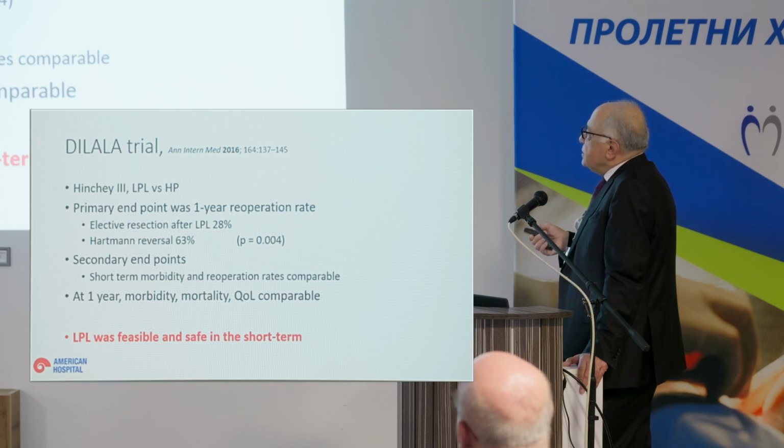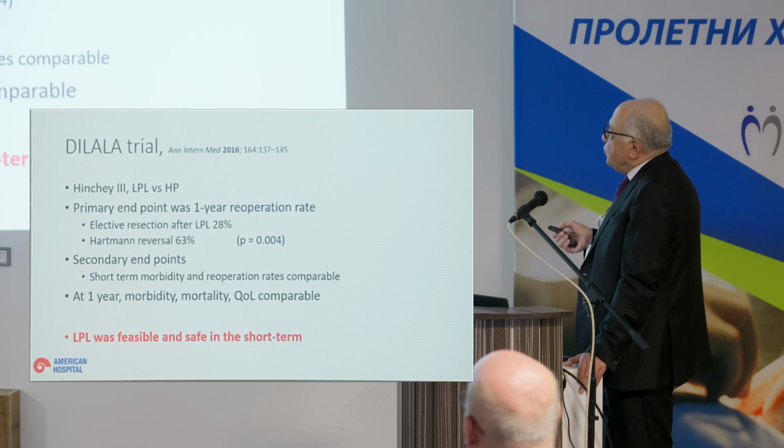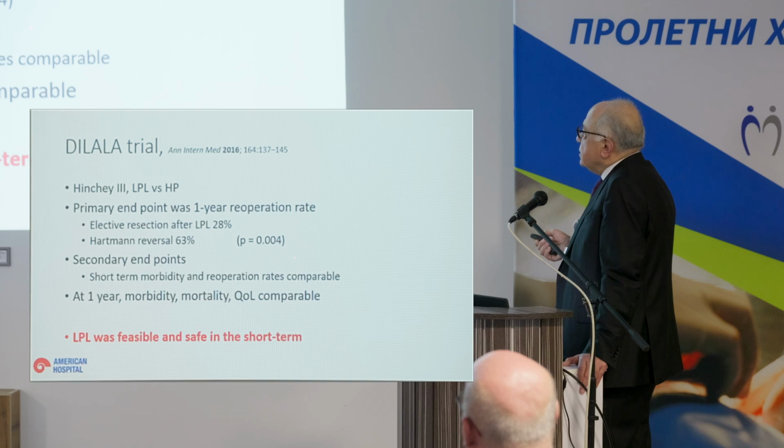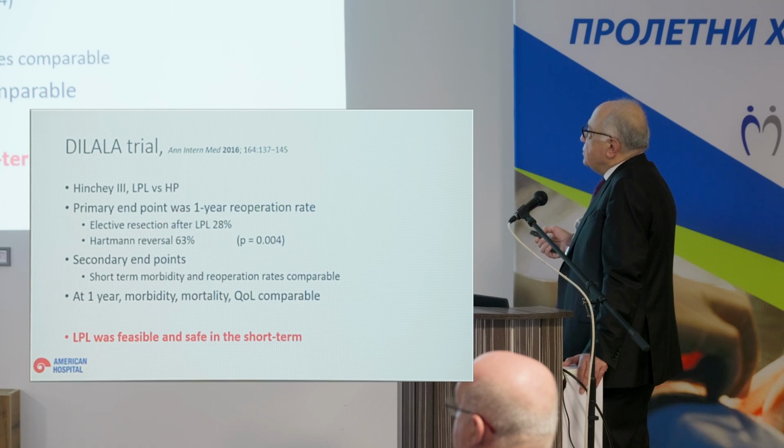And the other trial from Scandinavia again compared lavage versus Hartmann procedure at that time. The primary endpoint was 1 year reoperation rate, which was high for the Hartmann procedure because you do a new surgery for reversal of the Hartmann, and the need for reoperation was high.